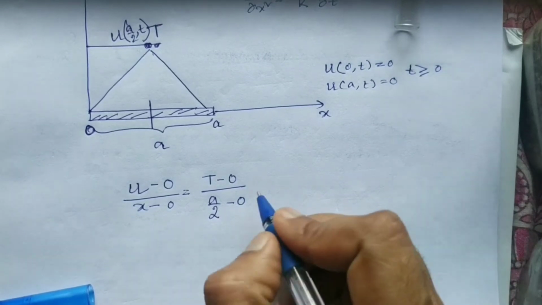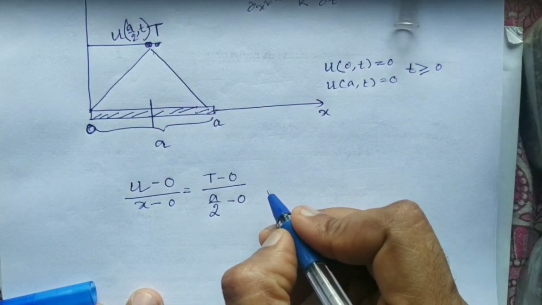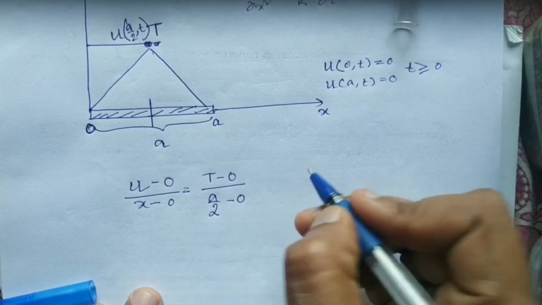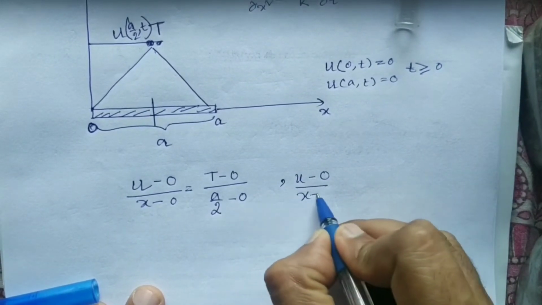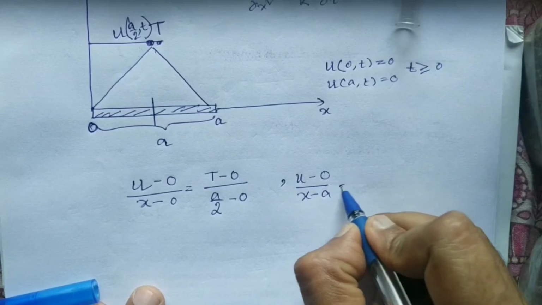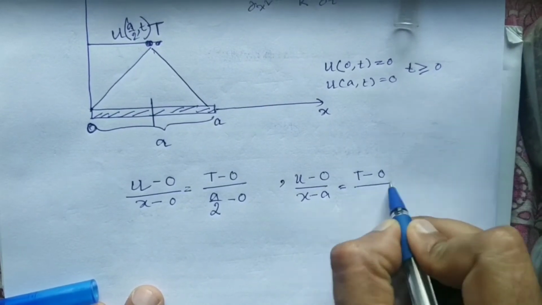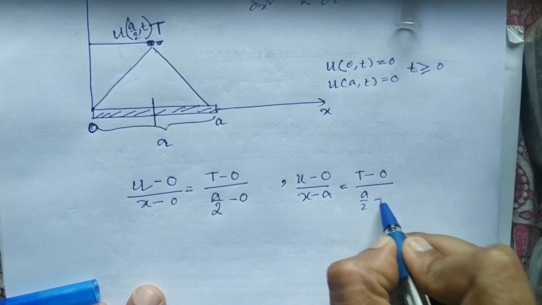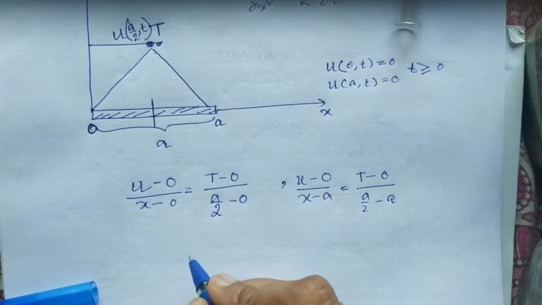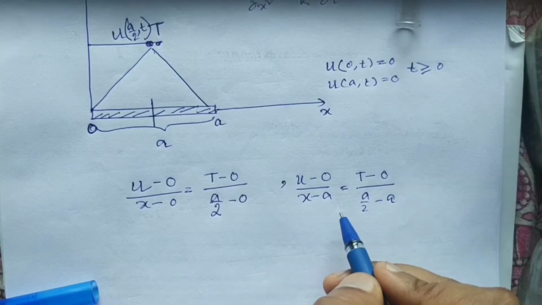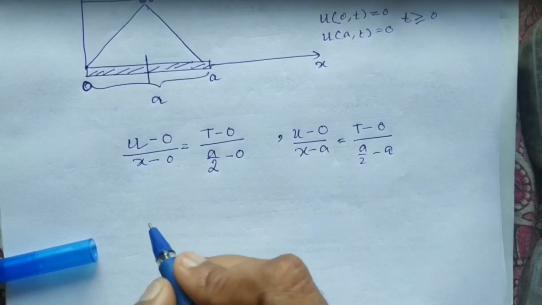And another thing, (u minus 0) by (x minus a) as well is (T minus 0) by (a/2 minus a). So from there you can get the initial condition that is given.